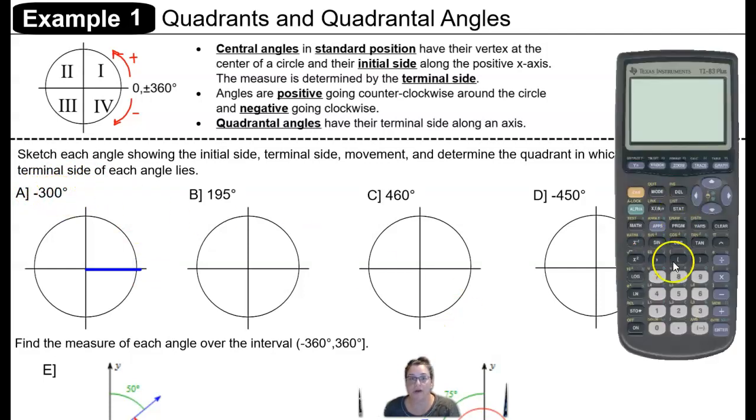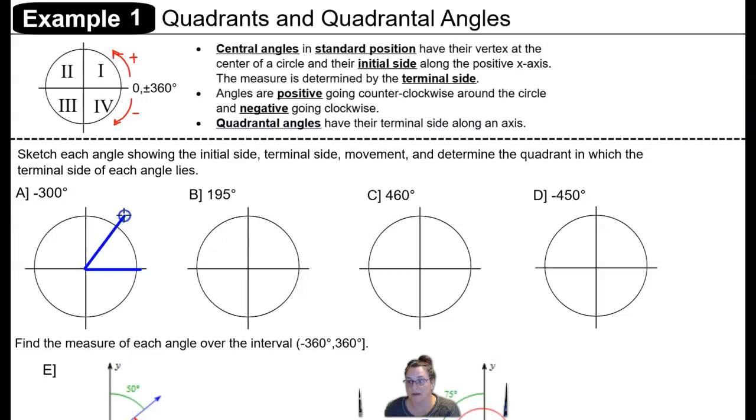So if there are 360 degrees in the whole circle, I'm going to rotate clockwise in the negative direction. So I would go past negative 90, negative 180, negative 270, and that would put me about here for my terminal side of negative 300 degrees.